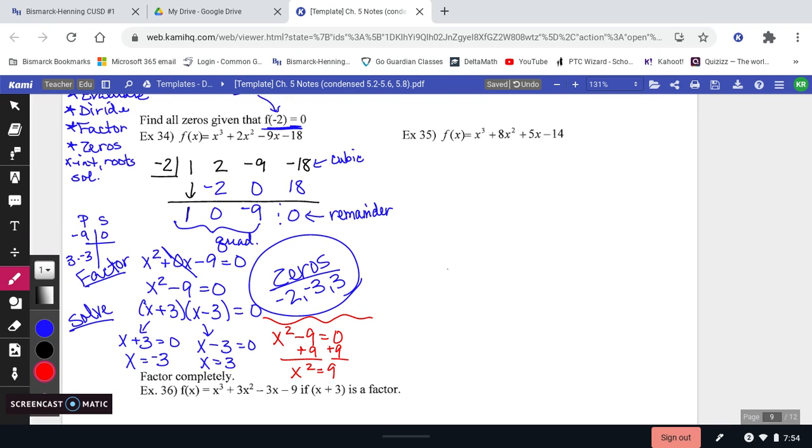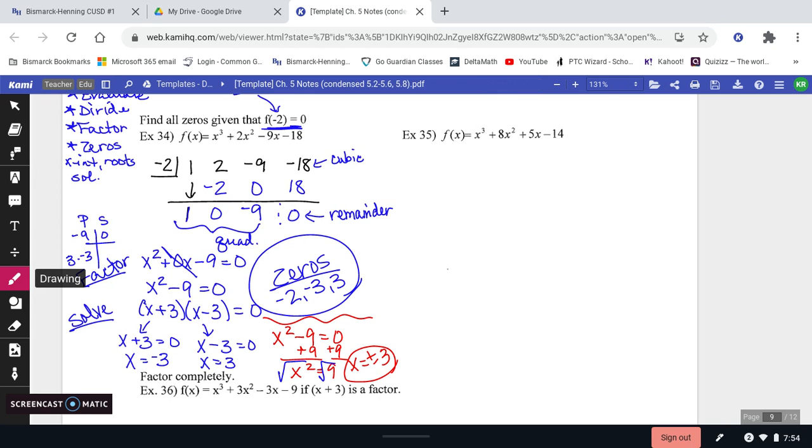Square root both sides, then x would equal plus and minus 3. So we could have gotten our positive and negative 3 by using square roots instead of factoring. It doesn't matter to me. You have a quadratic, you have about 4 different methods in which you can solve it. You pick whichever one is easiest or you like the best.